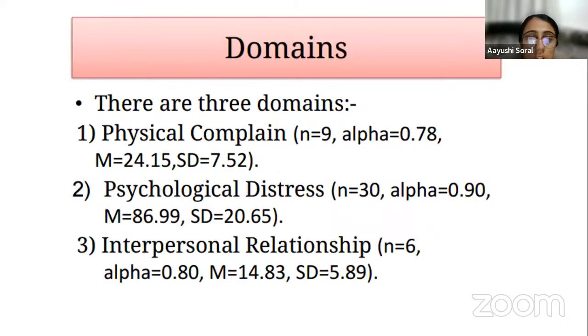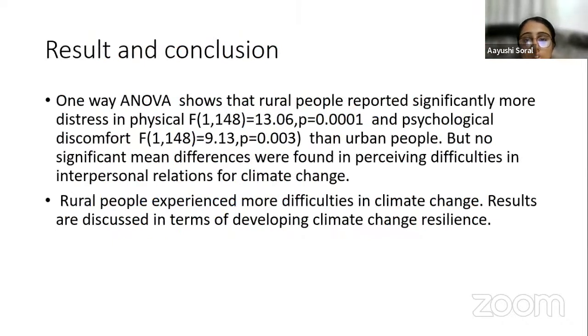So physical and psychological were high on the rural side, whereas interpersonal did not show a significant mean difference.